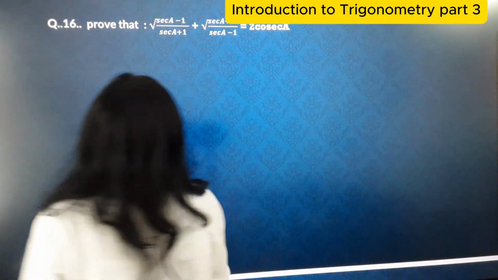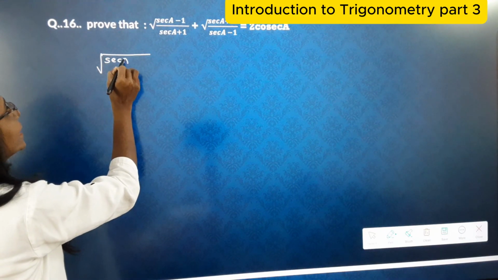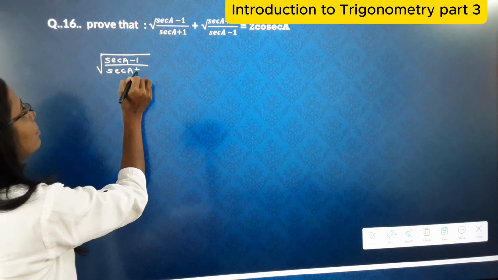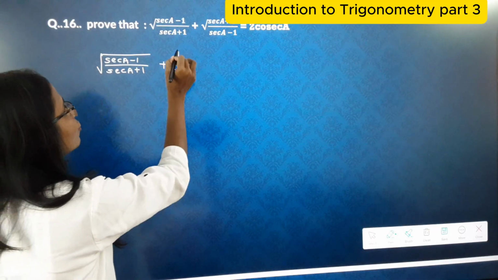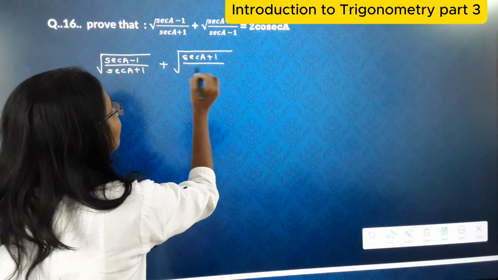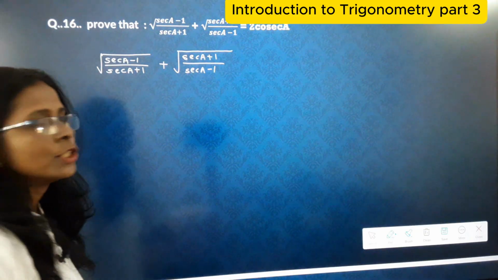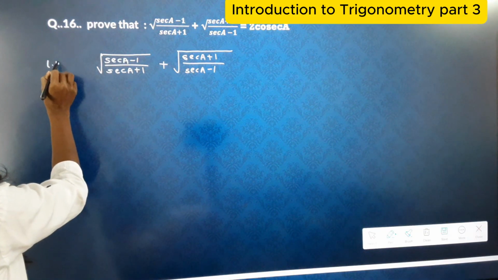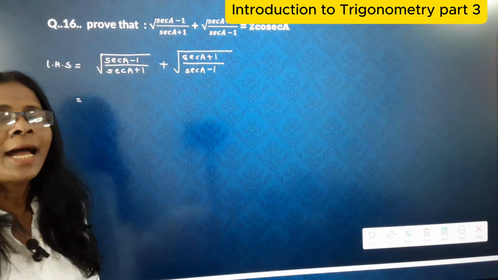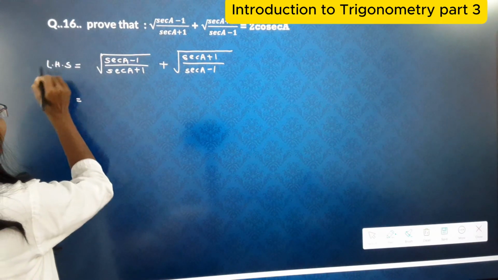First here we write square root sec A minus 1 upon sec A plus 1 plus square root sec A plus 1 upon sec A minus 1. This is the LHS, left hand side. So here I write LHS. So I try to get the answer as LHS is equal to RHS. Okay. So that's why LHS, right?